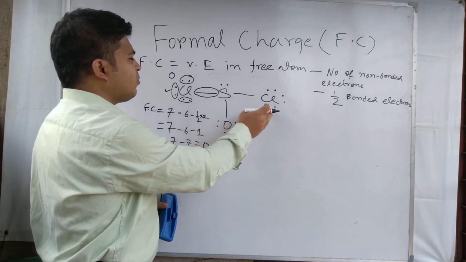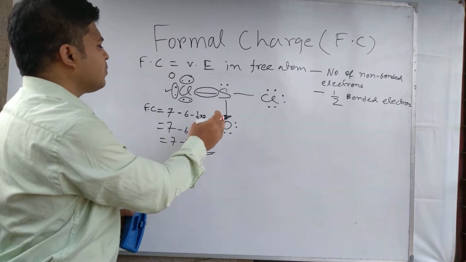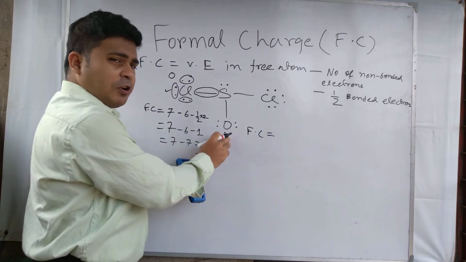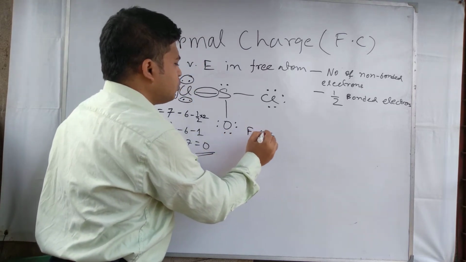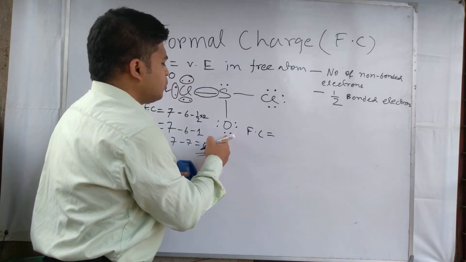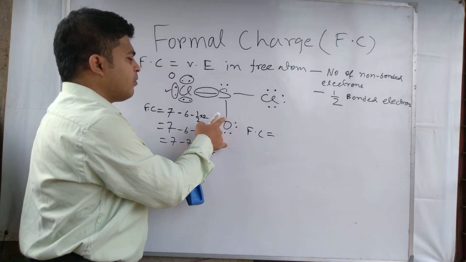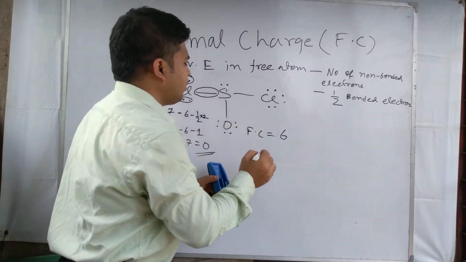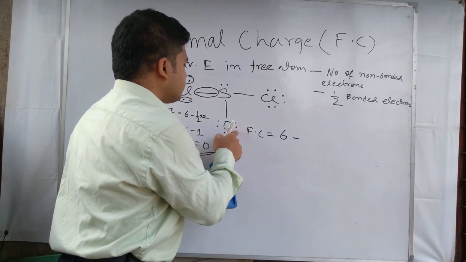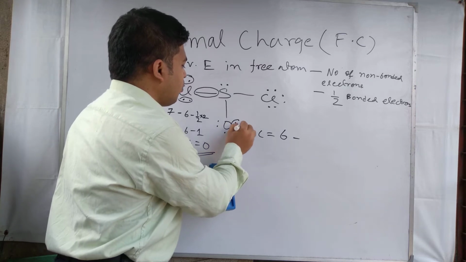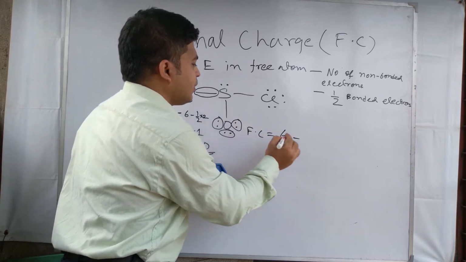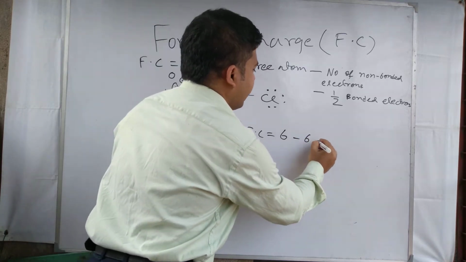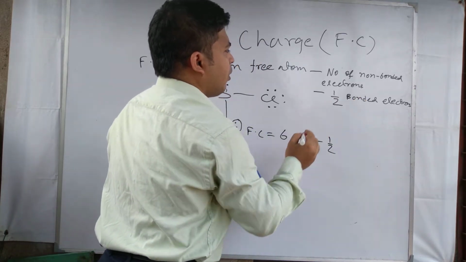For the right hand chlorine the charge is the same, and for oxygen, if we want to calculate the formal charge for this oxygen atom, at first we have to write the number of valence electrons for oxygen. The number of valence electrons in a free oxygen atom is 6, minus the number of non-bonded electrons, that is 6, and minus half of the bonded electrons.